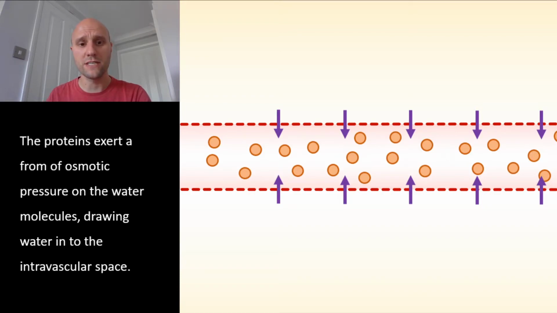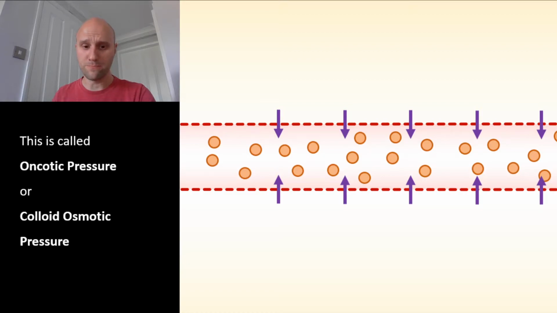And because of this, the proteins and these big molecules exert a pressure to draw the fluid within the interstitial space back into the intravascular space. So there'll be a pretty constant pull of fluid and the smaller solutes back from the interstitial space and into the capillaries as you get towards the venous end. Now, this can variably be referred to as oncotic pressure or colloid osmotic pressure.